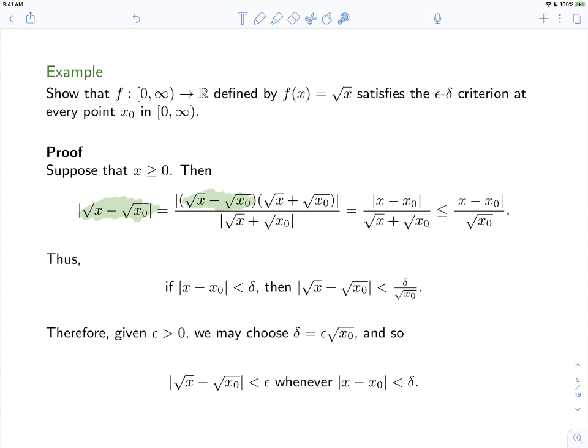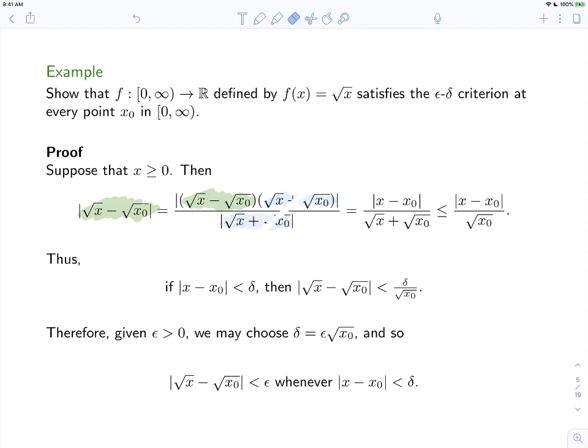So we have the square root of x plus the square root of x0 divided by the square root of x plus the square root of x0. Of course, everything here is still in absolute values. But we can multiply by that and divide by the same thing because really you're multiplying by 1 in that case. So what's the objective of this?